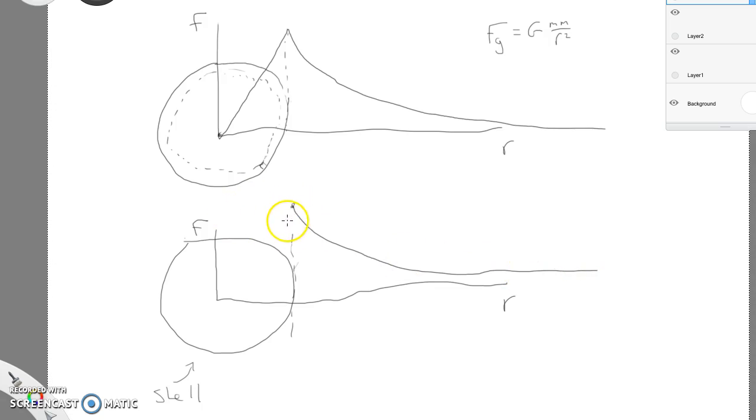But what's going to happen now is that as soon as you go inside the shell, all these masses are canceling each other out, and there's no gravitational force inside, and so it just goes from this peak. The second you get inside, it just drops straight to zero for the rest of the time. And this is for any kind of shell where you're inside and all the mass is outside of you.